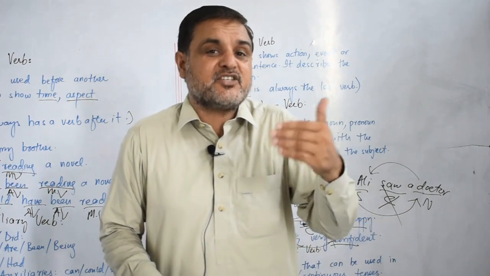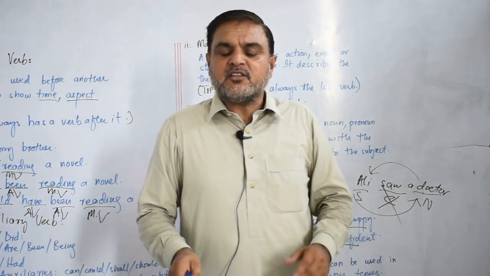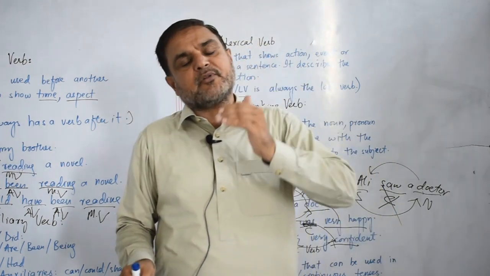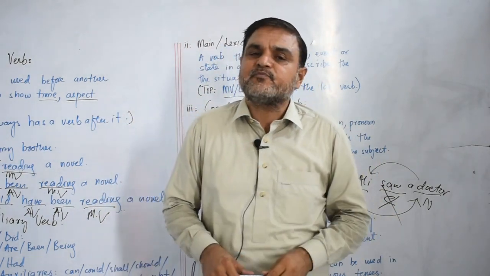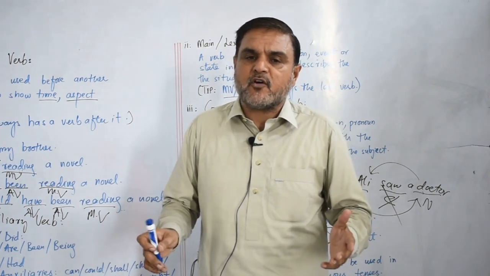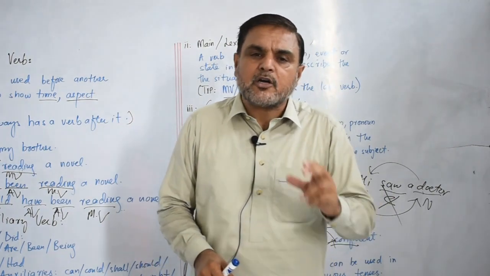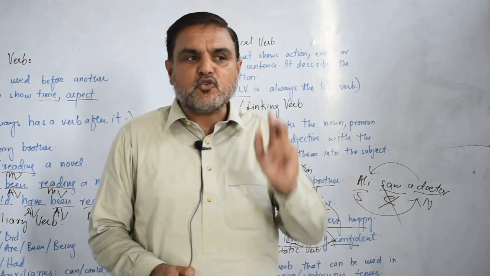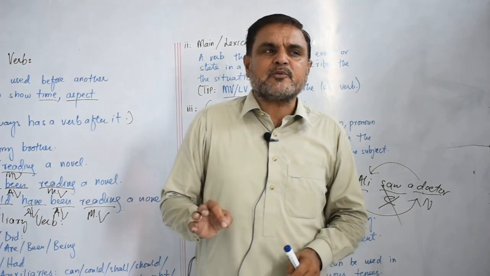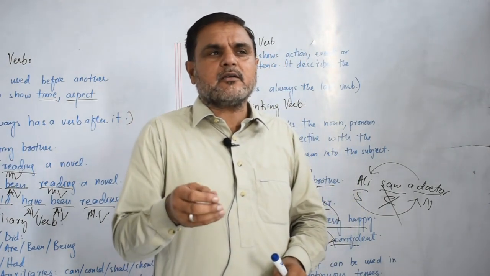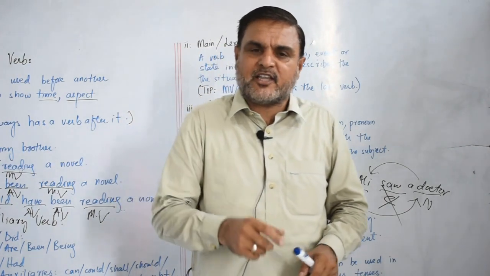They are called static verbs, and those that can be easily used in progressive or continuous tenses are called dynamic verbs. I hope you have got it. And luckily for you, the majority of the verbs used in the English language are dynamic. Static verbs, let me give you one or two tips to identify them.